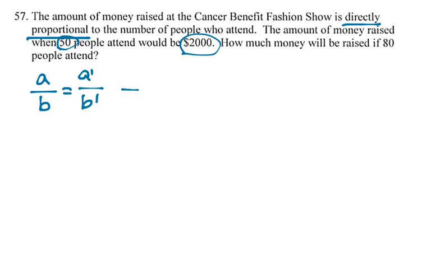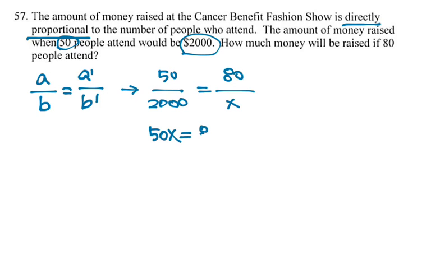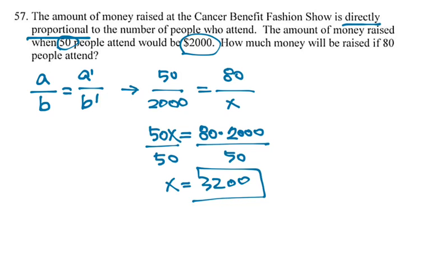Then what are the first set of values? 50 and then 2,000. So we're going to write them 50 over 2,000. And the second one is 80 people. We don't know the value here. So when we cross multiply, you get to see that 50x must be equal to 80 times 2,000. Alright, dividing each side by 50, x should be equal to 3,200 then.